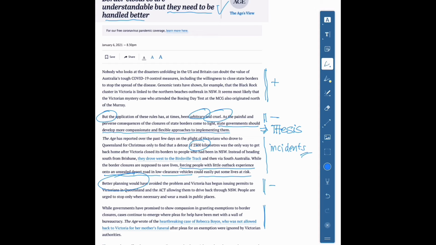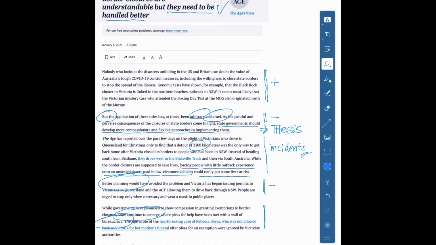While governments have promised to show compassion in granting exemptions to border closures, cases continue to emerge. So we still have cases where pleas for help have been met with a wall of bureaucracy. Exemption is okay, but the bureaucracy is quite complicated.